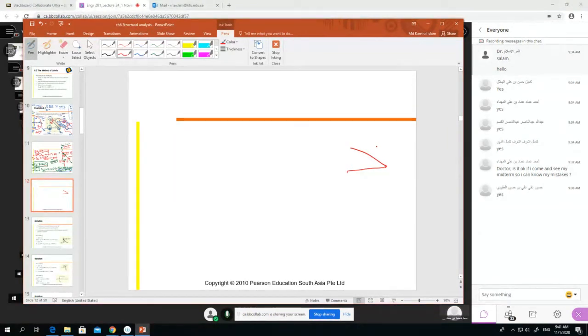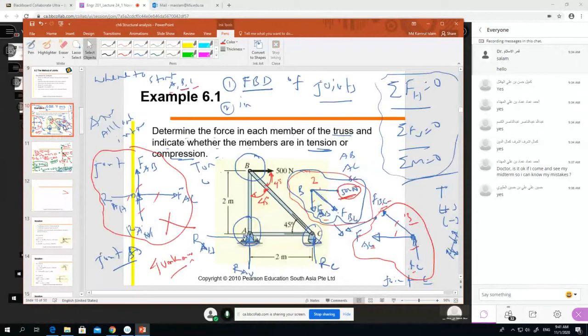Now joint C, what was the diagram for joint C is like this.